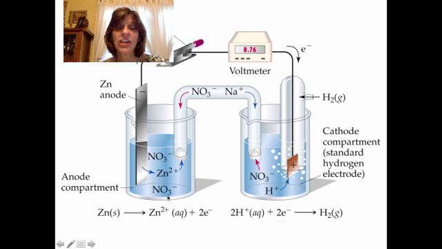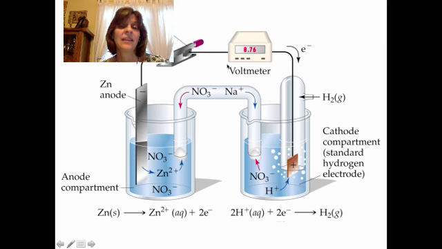Okay, here's the SHE set up with another electrode, in this case the zinc. So the zinc, as usual, gives away its electrons, being oxidized. I always have to think through that. And its EMF is 0.76 as compared to hydrogen.